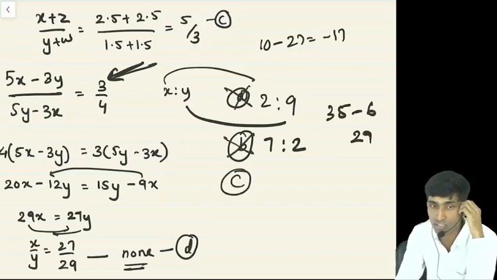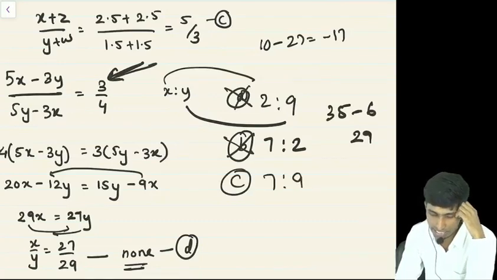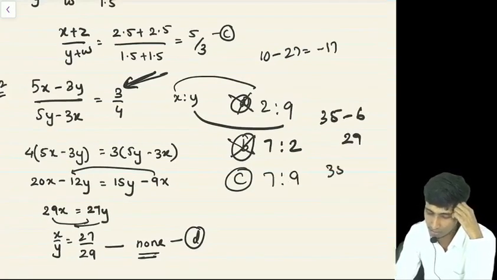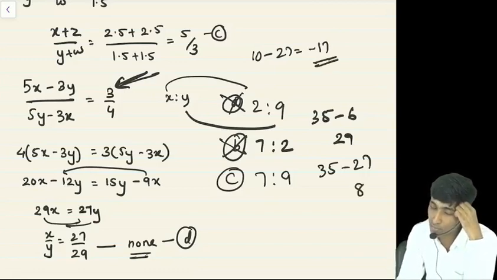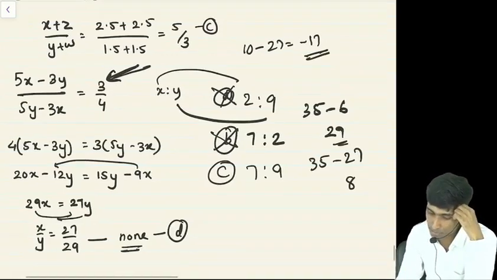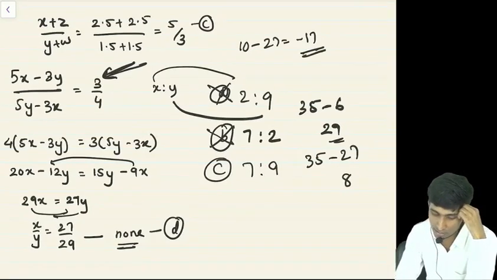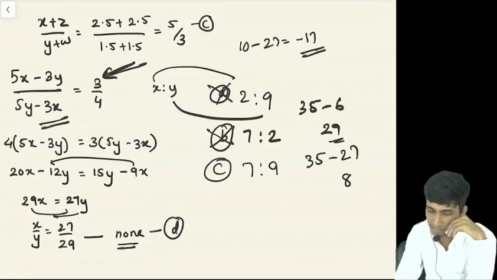C option is what? 7 is to 9. 7 5s are 35, 9 3s are 27, difference is 8. Here I did not go further. Why? Because it was a prime number. But let me check what I am getting in the denominator. 5y means 5 into 9, how much? 45.